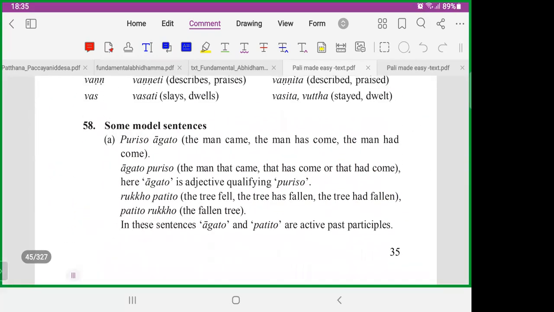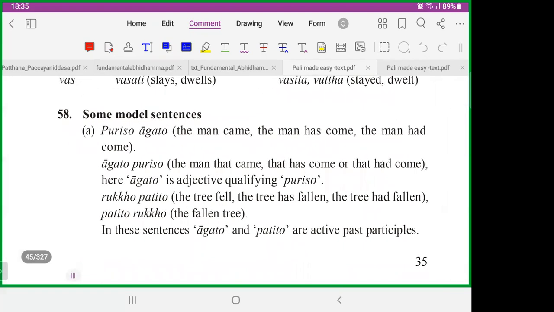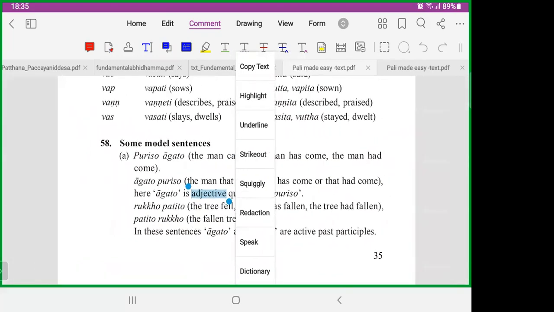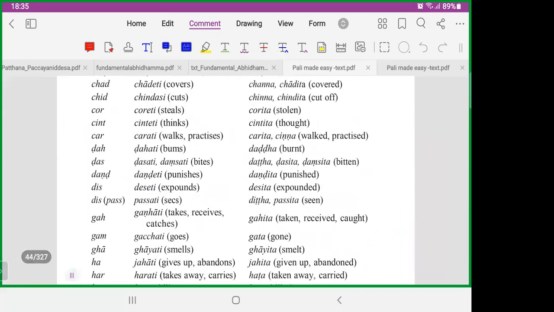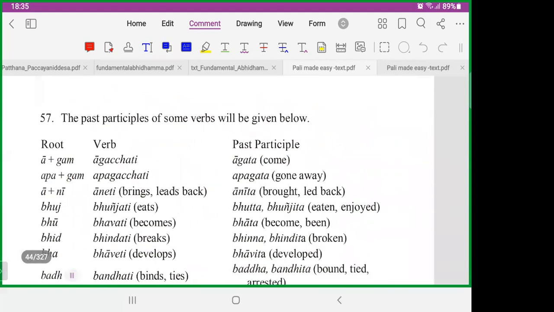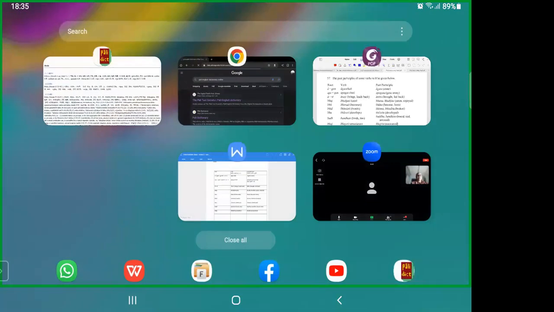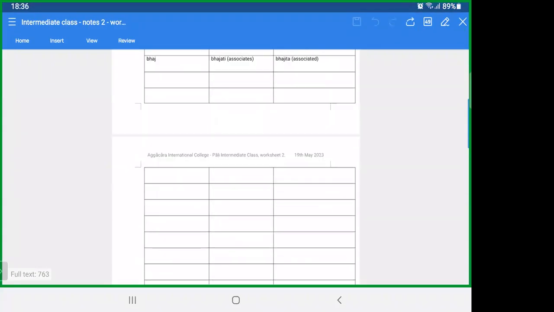This one I already mentioned about the model, about how you translate it as a present tense, or a past tense, or past perfect or present perfect. I already mentioned that, so you just have to refer to my note. Today we need to go through word by word. So look at the column here. I do it like this.